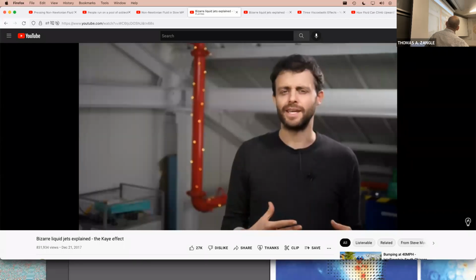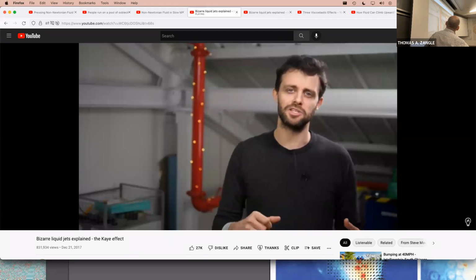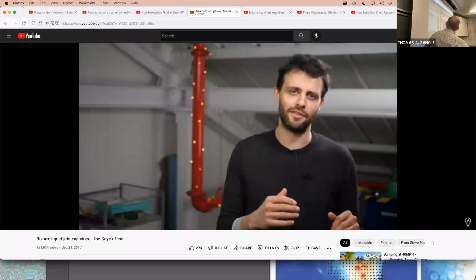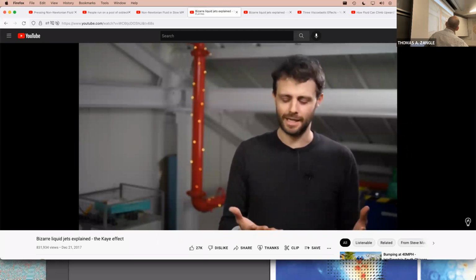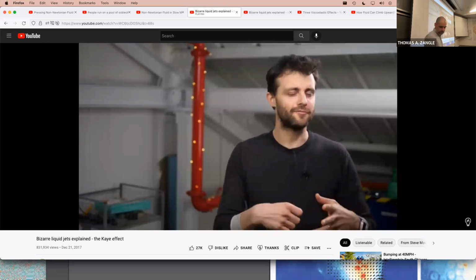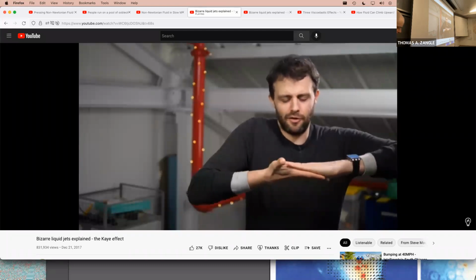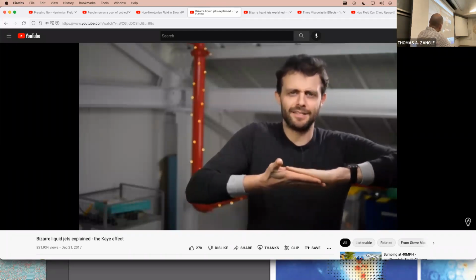I now know it's called the Kaye effect, K-A-Y-E, and it's a result of the fact that shampoo is shear thinning, which means that it's viscous, it's thick, but its viscosity goes down under shear force. So the shear force is like this. You've got two things fighting against each other.